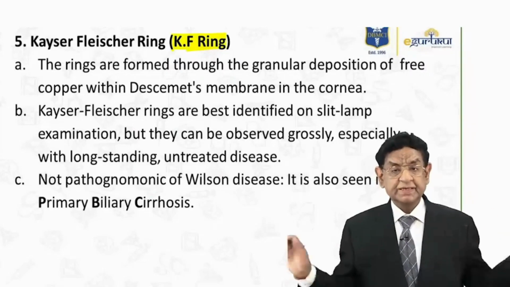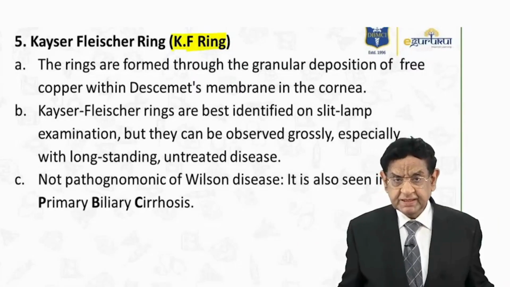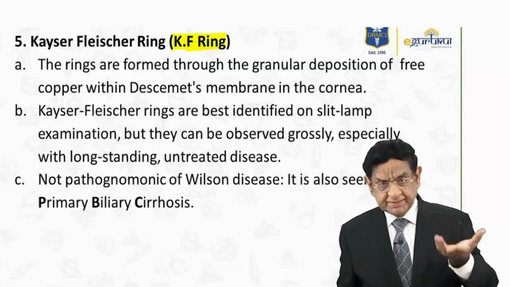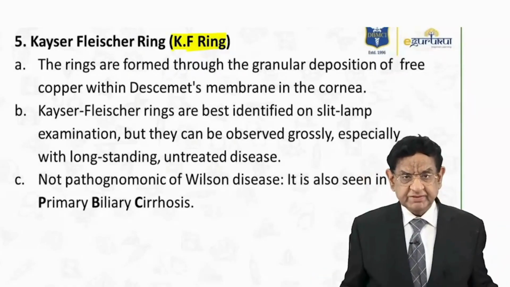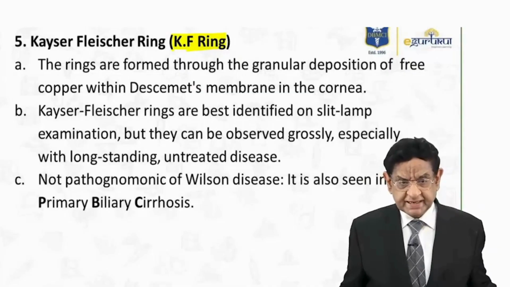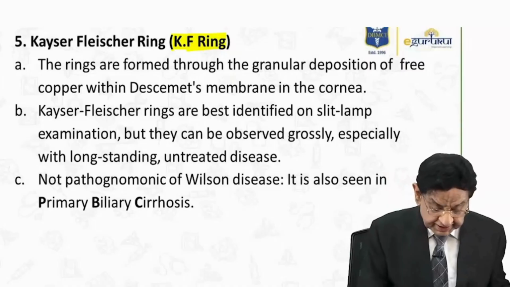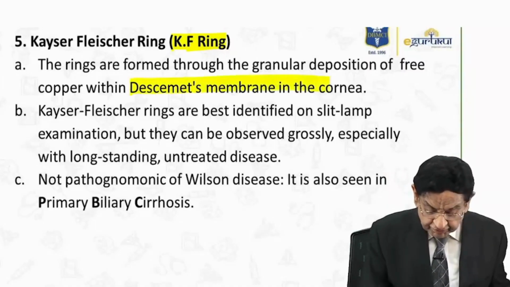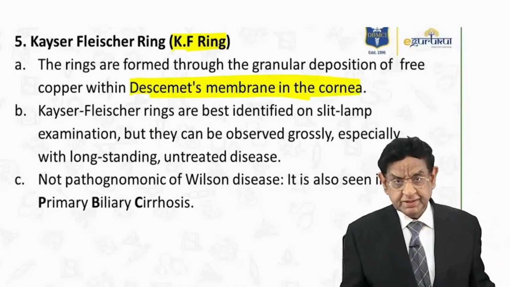Well, the main problem is excess of copper. Now this excess copper creates problems in the liver, it gets deposited in the CNS. Now this excess copper is getting deposited in the cornea also. Cornea where? Descemet membrane of the cornea. Point to be noted. It's a very important point.